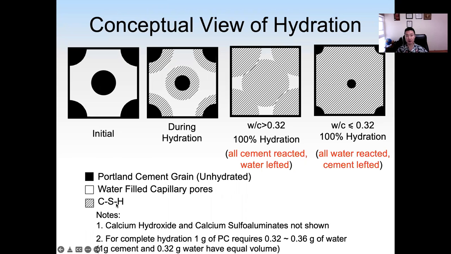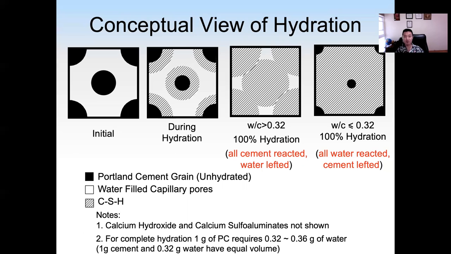CSH as hydration product is in the striped pattern. As we can see, initially we only have unhydrated cement and water. During hydration, more hydration product, CSH, precipitates on the surface. So we have more hydration product, less water, and less unhydrated cement because these two phases are consumed.